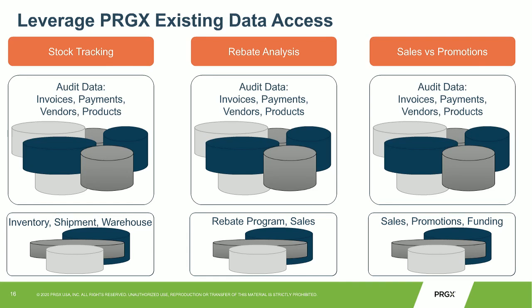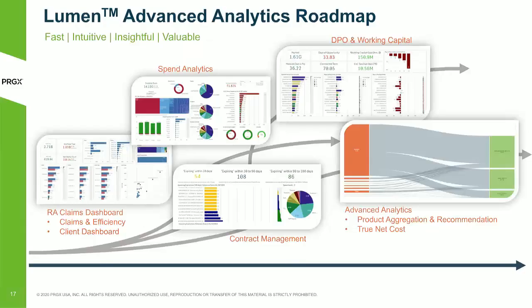These are all some of the value that we can gain from the analytics that's available from our audit and spend. And so this is just an overall map of how we approach this. We start from the bottom left, the simple stuff. We start from the recovery audit claims dashboard: how well we did, how many, how much, who.